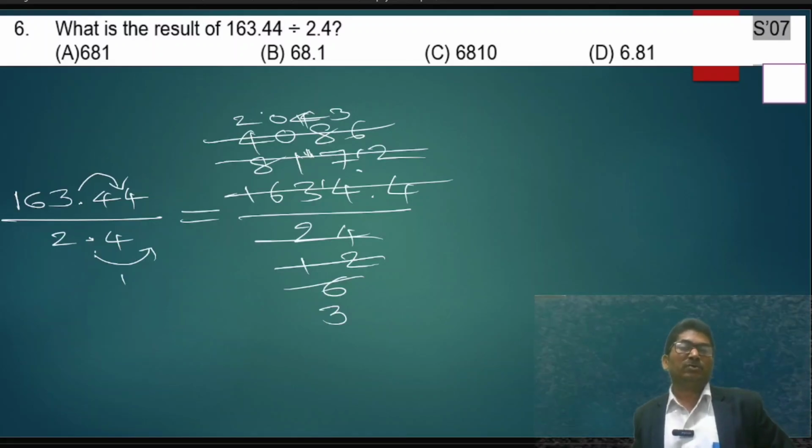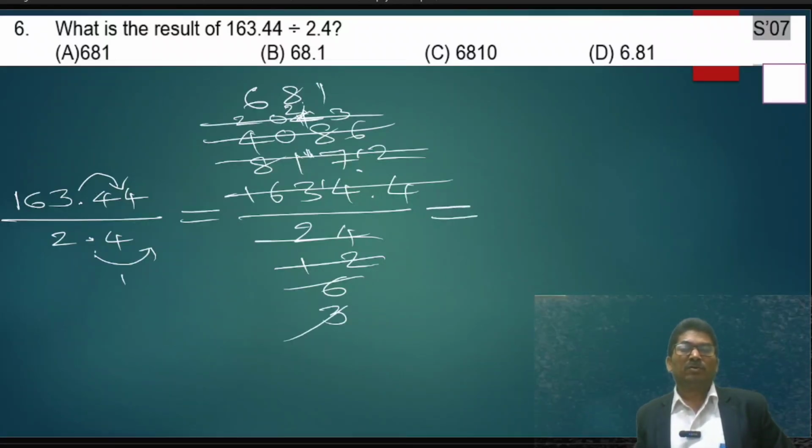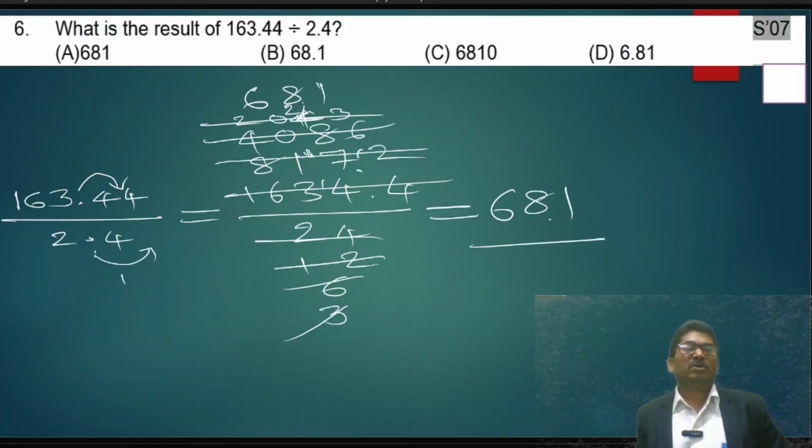So it is also divisible by 3. 3 6 18, 1 2 remainder 24 here, 2 8s are 24, 3 8s are 24, 3 1s are 3. So what is the answer? 681. So what is the correct option? A is the correct option.